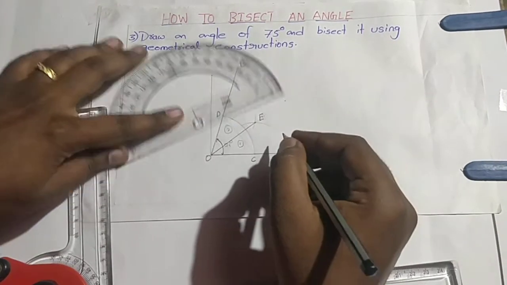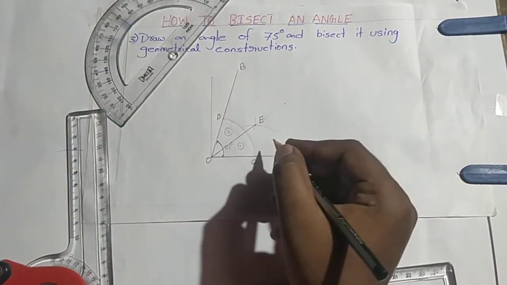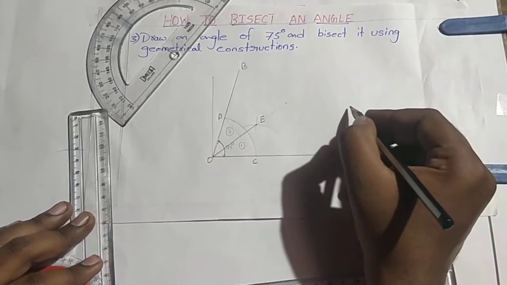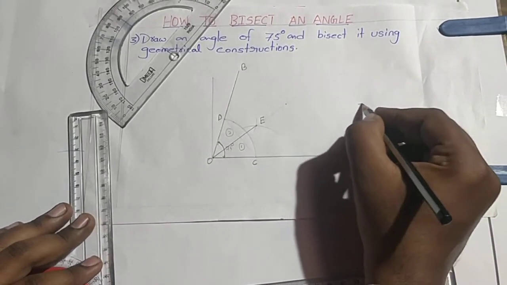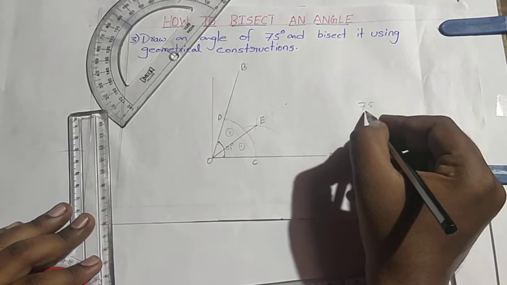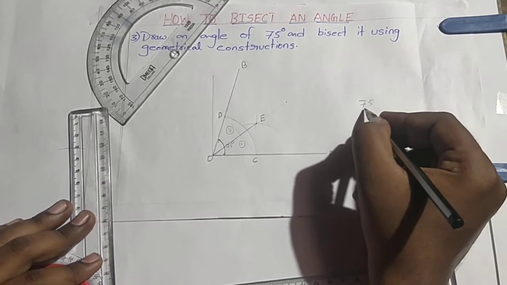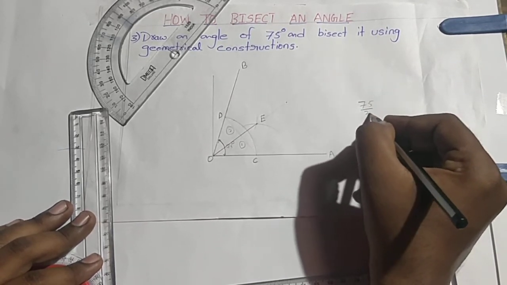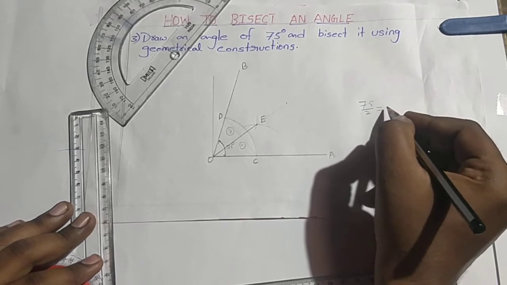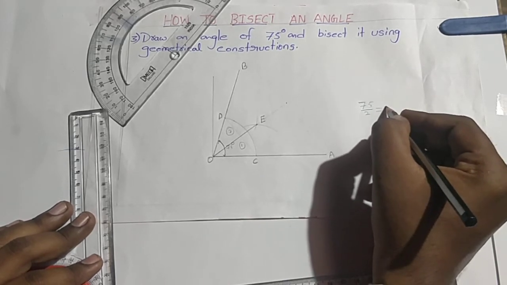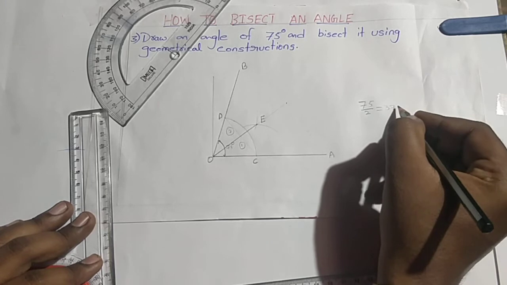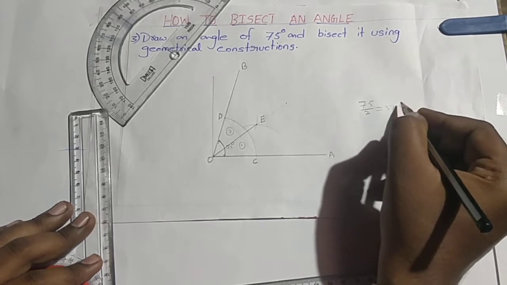We got that point at an angle of 37.5 degrees. That means the total angle is 75, and dividing that angle into two equal parts, we got the required angle of 37.5 degrees.